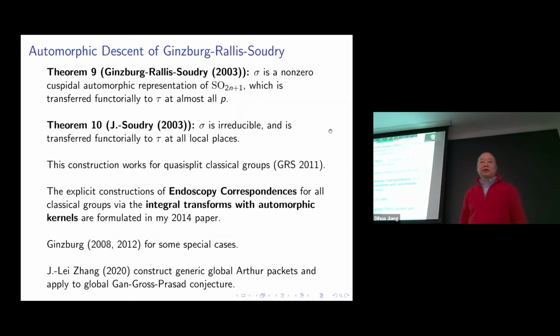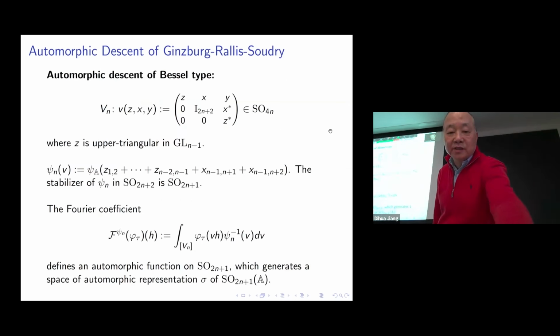Ginzburg, Rallis, Soudry, 2003 show that sigma is a non-zero cuspidal automorphic representation of SO2n plus 1 created by the Fourier coefficient. Sigma is what you collect from these functions.